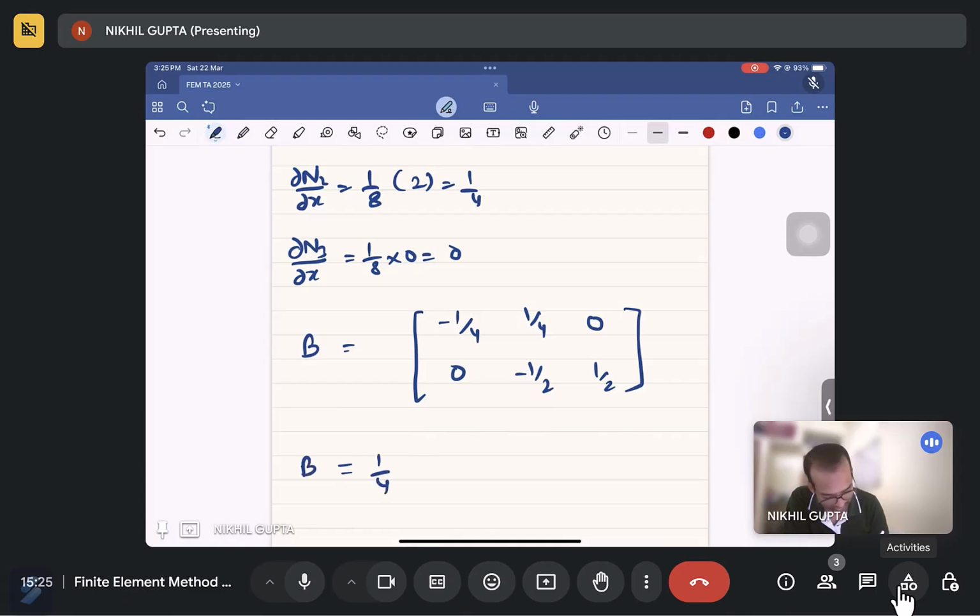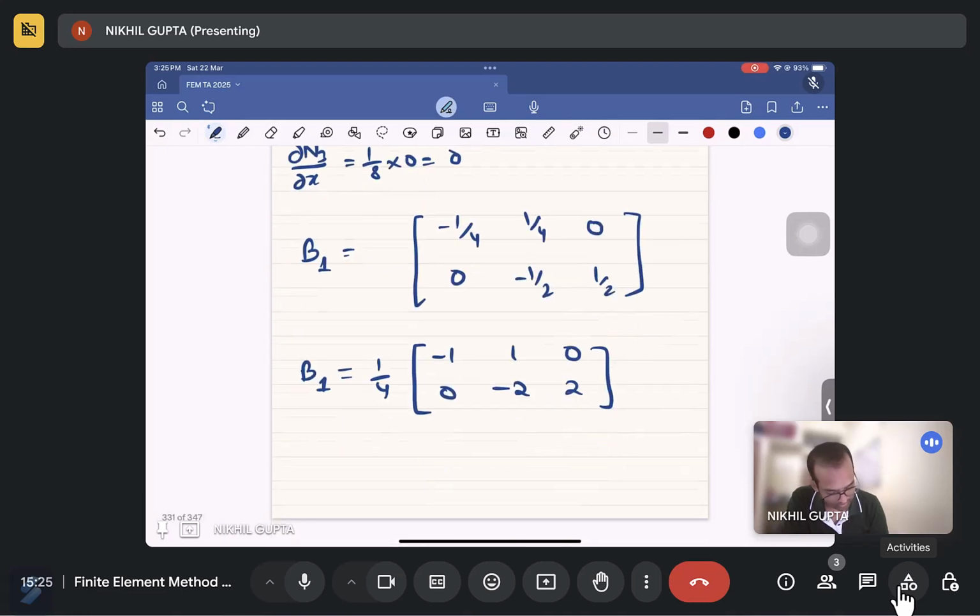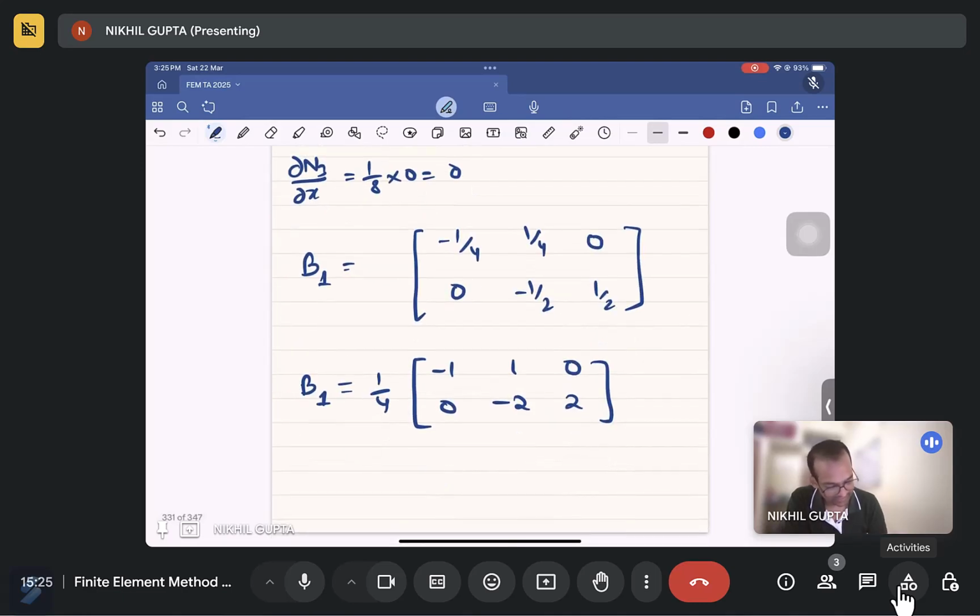So B for element 1 will be minus 1, 1, 0, 0, minus 2 and 2. Since we have the B matrix, we can get the K matrix for element 1 as well, which will be B transpose B. So this we can do.